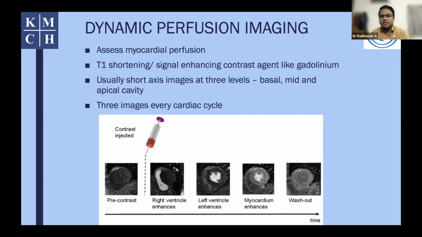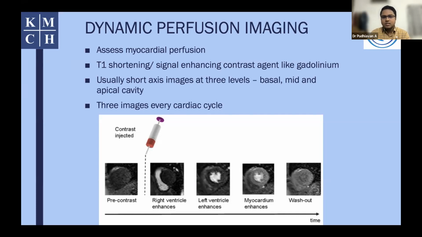When the cardiac cycle is shorter, it is very difficult to get good quality images with good SNR within a single cardiac cycle. So we usually limit to 3 levels, that is the basal, mid, and apical cavity. With these 3 levels, we will be able to assess 16 segments of the 17 segment model in the heart.